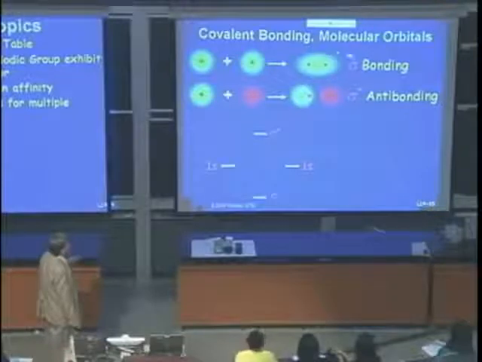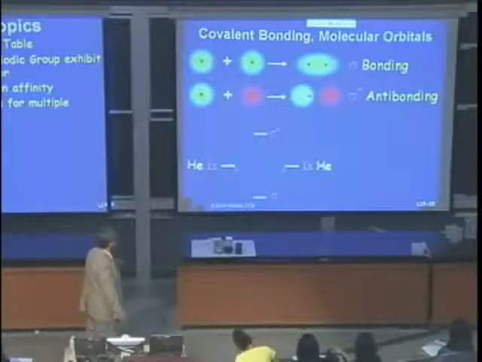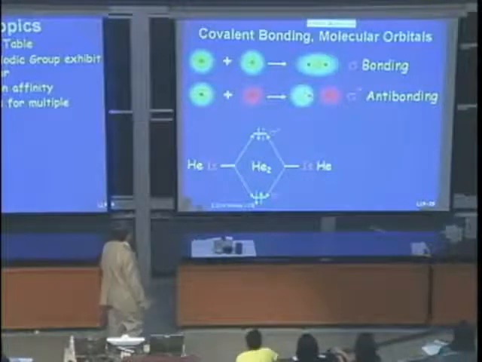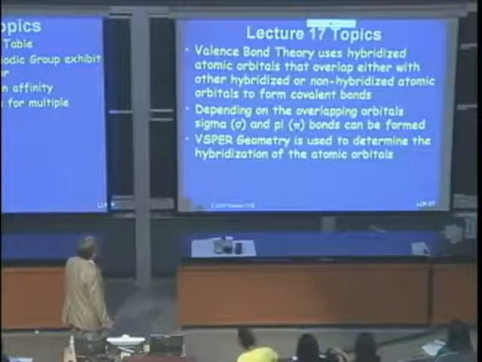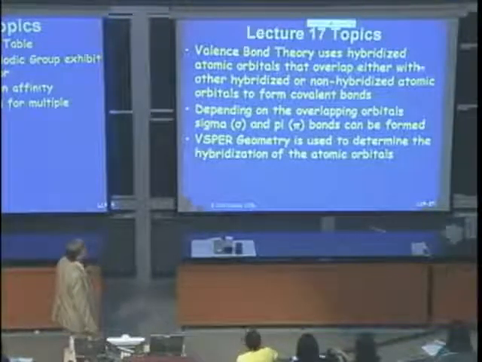They form a sigma bonding and a sigma anti-bonding orbital, right? So you cannot lose electrons. This is how this would work here. You remember that, right? What's the bond order here? 0, excellent, good.